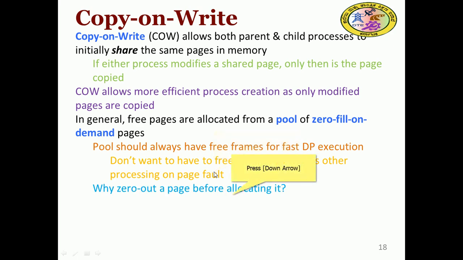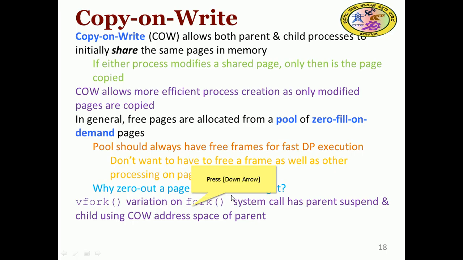Why zero out a page before allocating it? With the fork system call, the parent is suspended and the child uses a copy-on-write address space of the parent, with the system calls fork and exec.